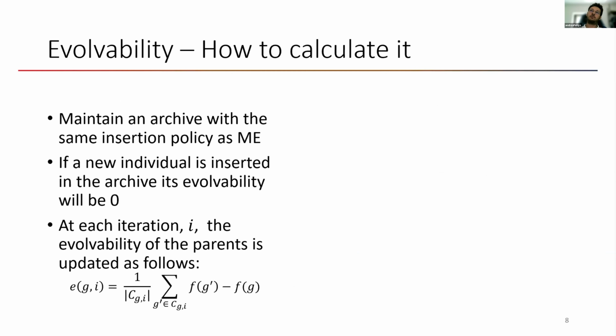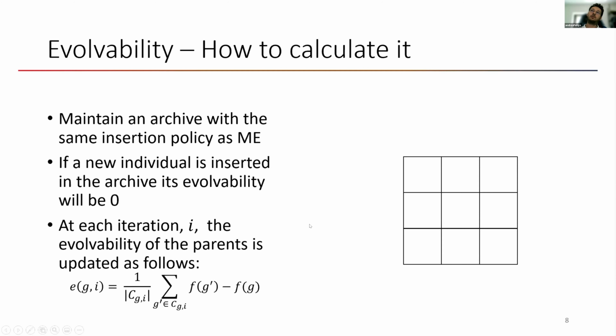At each generation, we try to insert the new offspring into the archive, and if we successfully insert them, based on their fitness, we initialize their evolvability to 0. The evolvability of the parent is updated as shown in the figure, which is basically the average difference between the fitness of the offspring and the fitness of the parent.